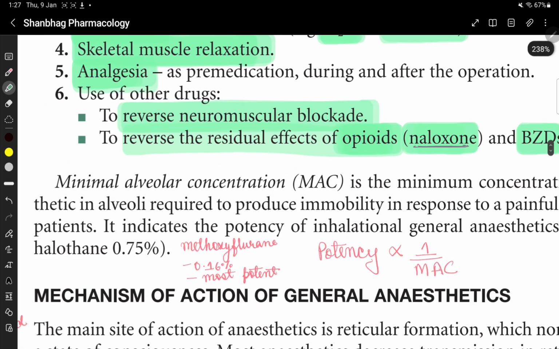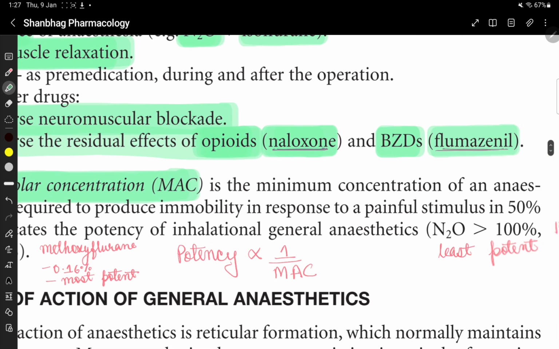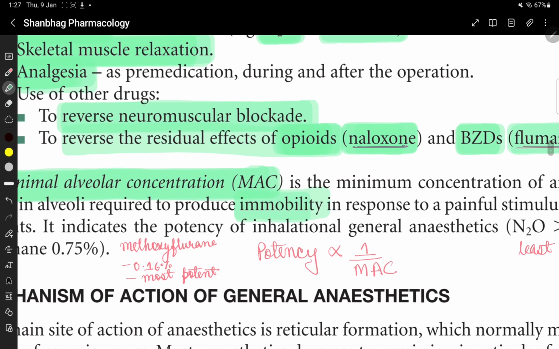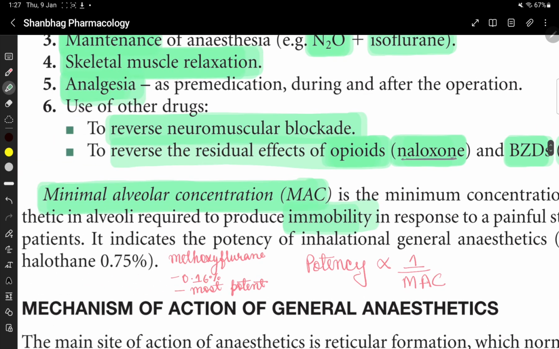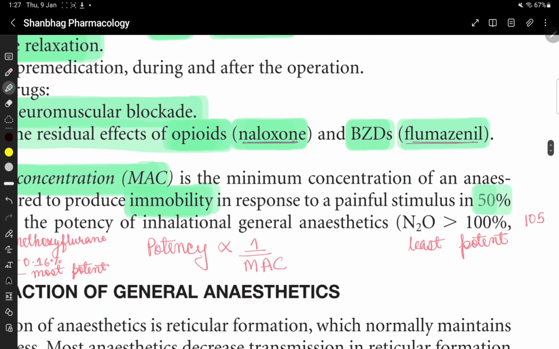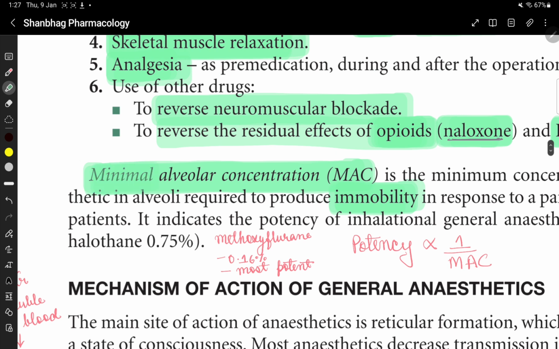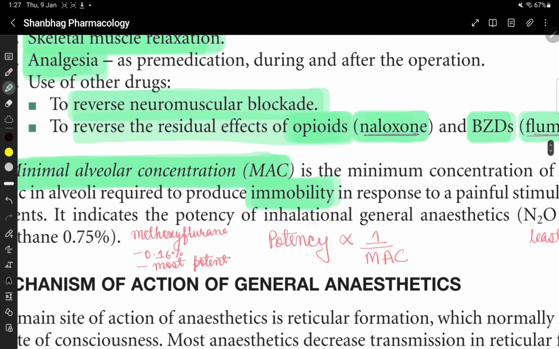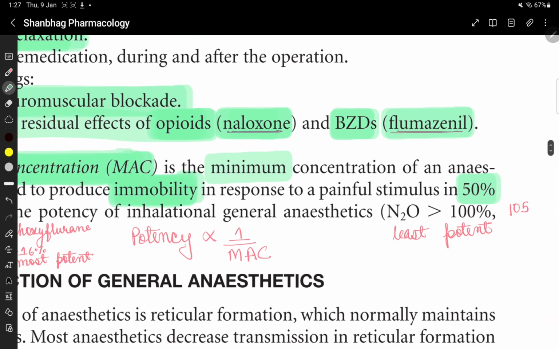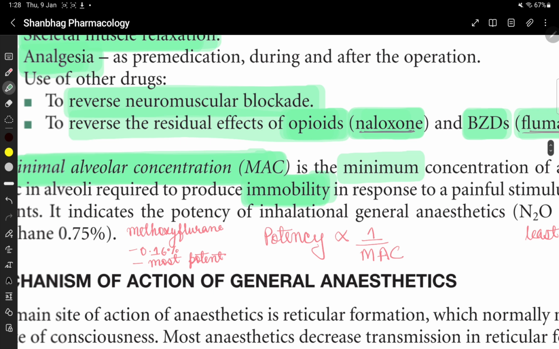Then there's a term, minimum alveolar concentration. It is the minimum concentration of the anesthetic in the alveoli required to produce immobility in response to a painful stimulus in 50% of individuals.